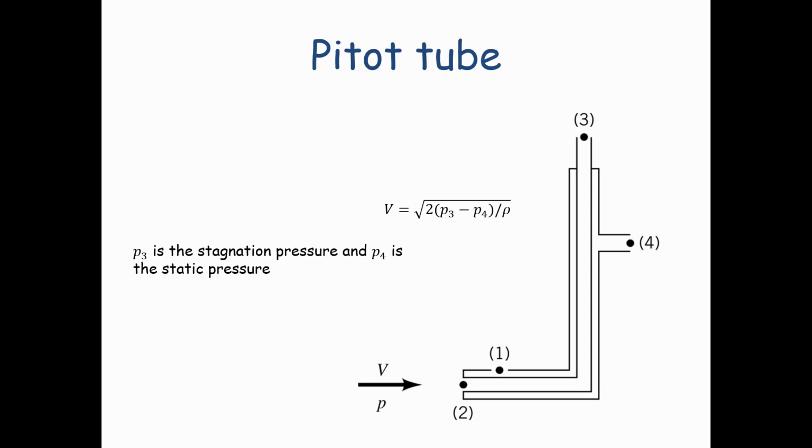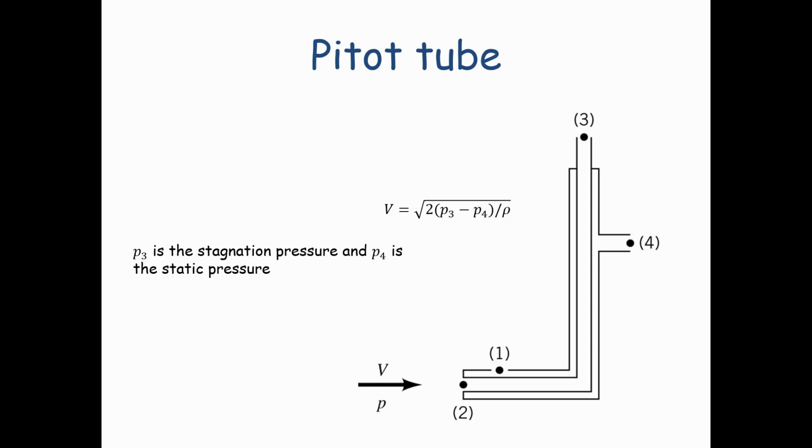And the fluid comes to point 2, and of course is going to pass around point 2, but right at point 2 the velocity will be equal to 0, so you'll have a stagnation pressure at that point, which would be equal to 1/2 rho V squared.